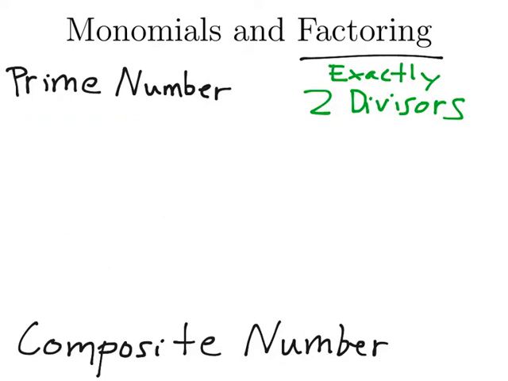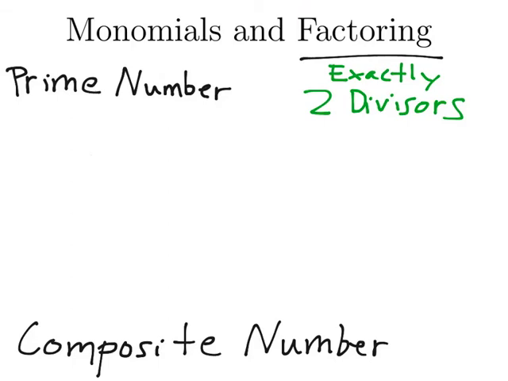So let's go over some of the first few prime numbers. Is 1 a prime number? Well, no, 1 isn't a prime number, because 1 only has a single divisor, and that is 1. If you divide 1 by 1, you get a whole number. There's no other way you can get a whole number.